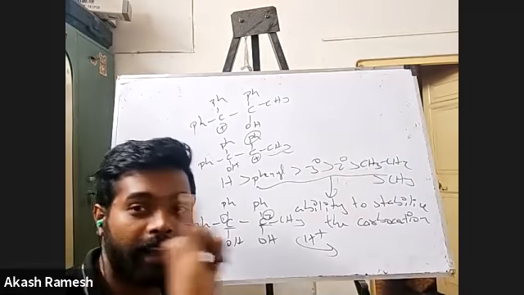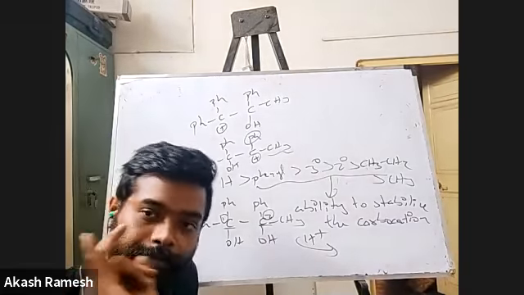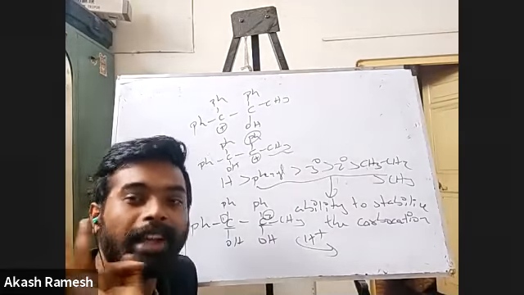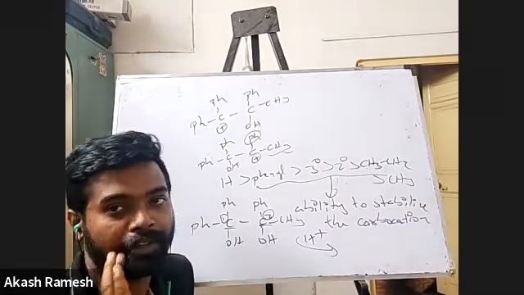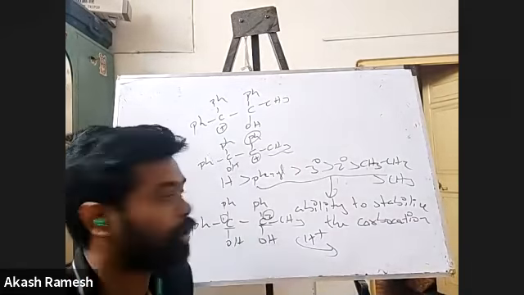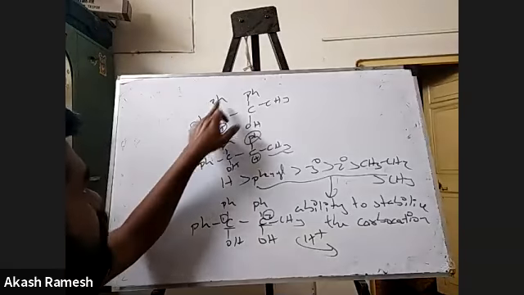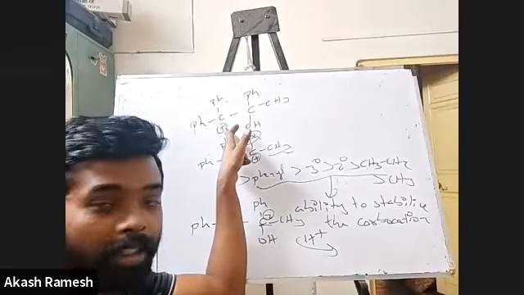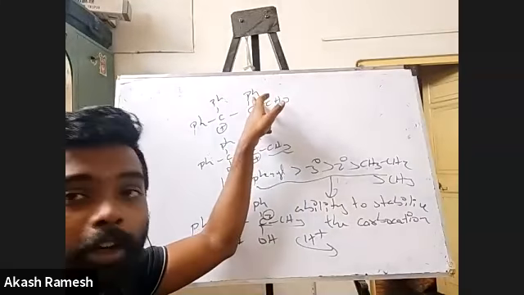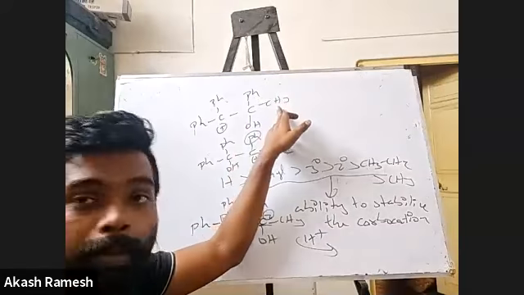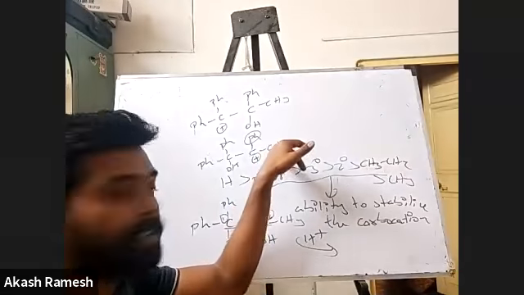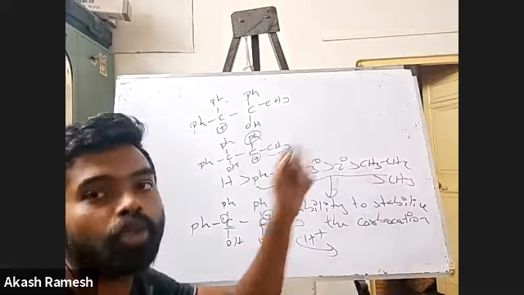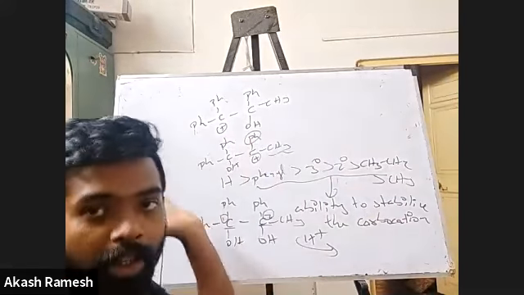Please understand, resonance should be given the first priority, second hyperconjugation, and least priority is given to inductive effect. So in this case, there are two phenyl groups that are going to stabilize the carbocation by resonance. In the other case, I have only one phenyl group stabilizing by resonance. The other one is stabilized by hyperconjugation, which is not so stable compared to the other one.